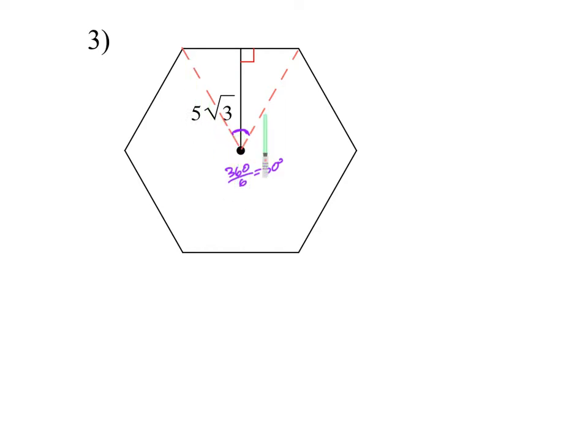But when I have an isosceles triangle, remember that the radii are congruent. My perpendicular bisector, my height, is also my angle bisector. So that means that each angle here is 30 and 30, right? So by using special right triangles, I can find this measure. So let's name that one x, right? Remember that this angle is 60 right here.